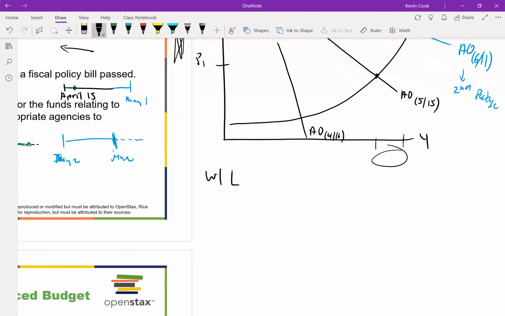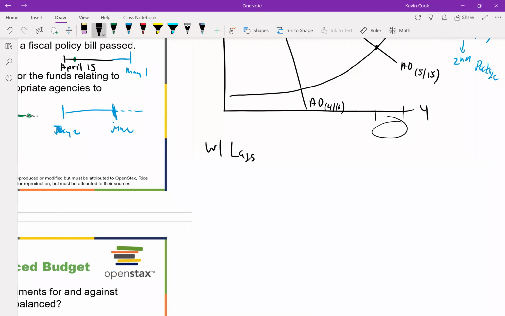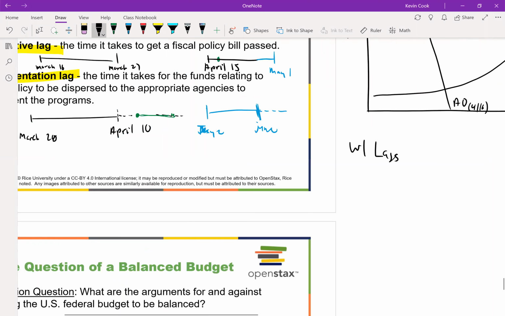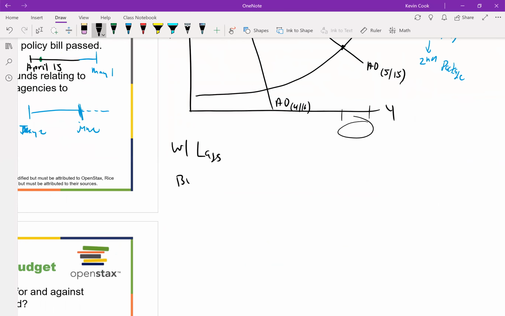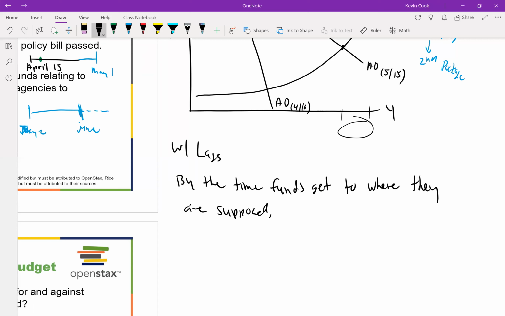So with our lags, the issue that we might see is that by the time everything works out, or by the time our funds get to where they're supposed to be, things might be back to normal.